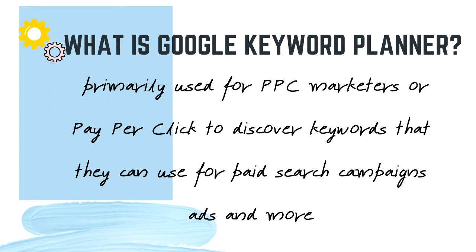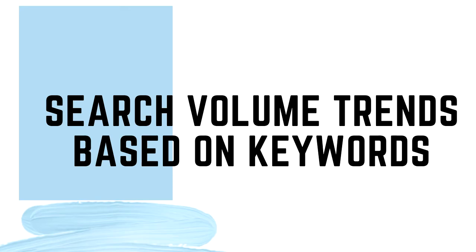So, there are lots of benefits that you can actually gain from using the Google Keyword Planner, but we're not going to tackle the PPC, CPC, or what we call search engine optimization sa video na ito, but we are going to focus more on how can this tool help you find search volume trends.